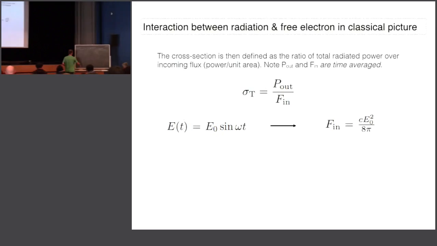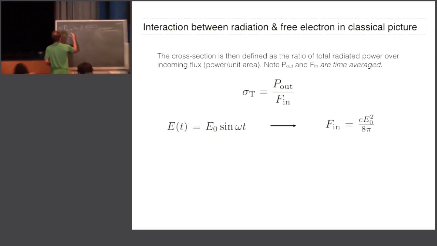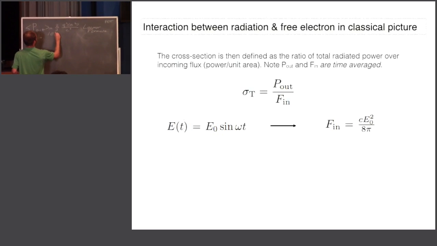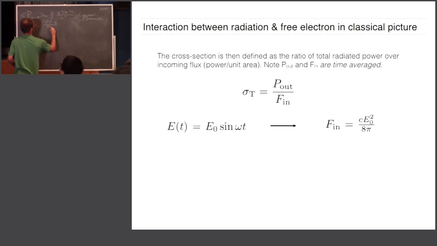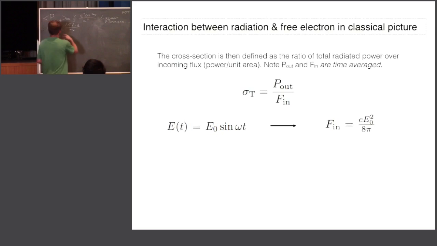I already wrote down that the absolute value of the acceleration of the electron is simply given by the electric field times the charge of the electron over the mass of the electron. We're interested in the time average of the square of this quantity.